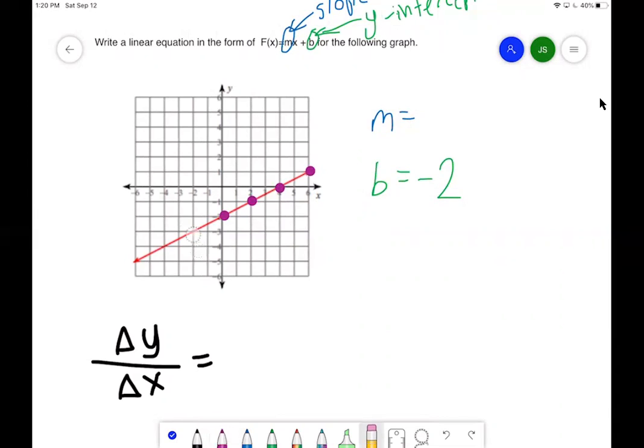I'll put that one up a little bit more so it's easier to see. There's that one, this one, and this one. So we have 7 different points that you could use. You only really need 2. But again, those could be your choices.